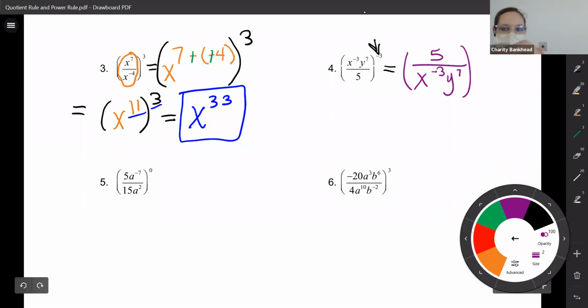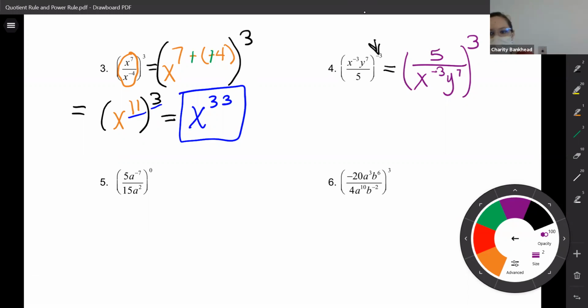And now it's raised to the power of positive 3 instead of negative 3. Okay, so let's see. I can go ahead and distribute the exponent of 3 now. So basically take everything that's inside the parentheses and raise it to the power of 3.